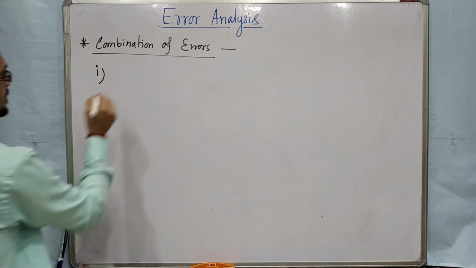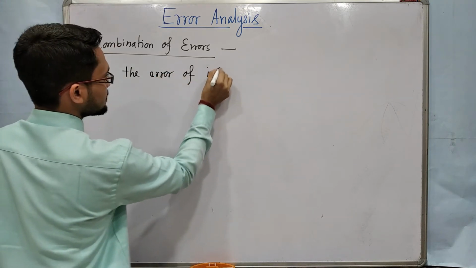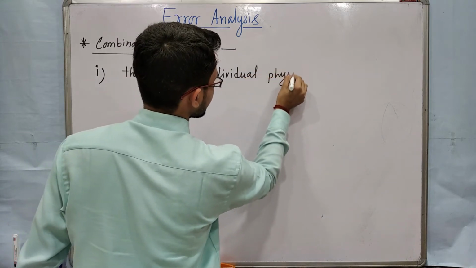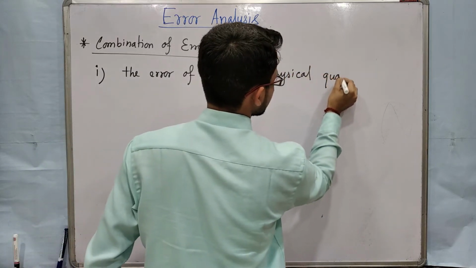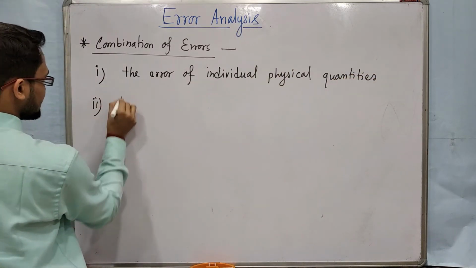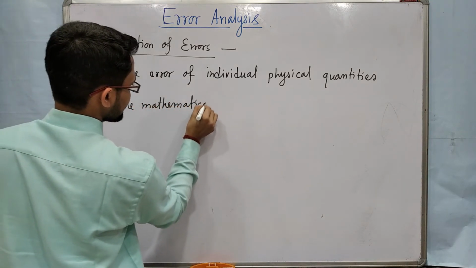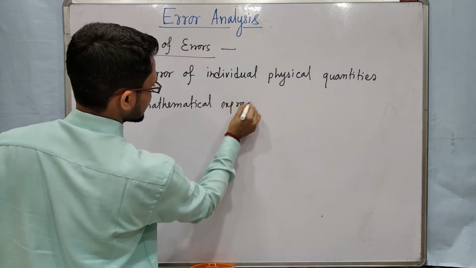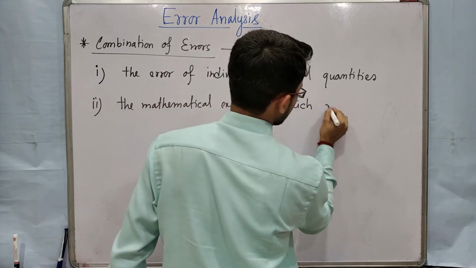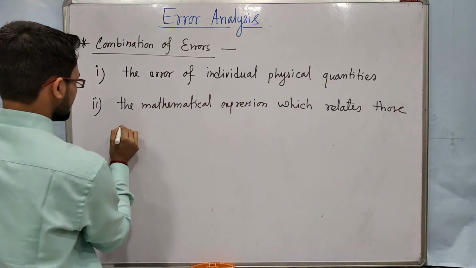First one, the error of individual physical quantities, and second thing, the mathematical expression which relates those physical quantities.